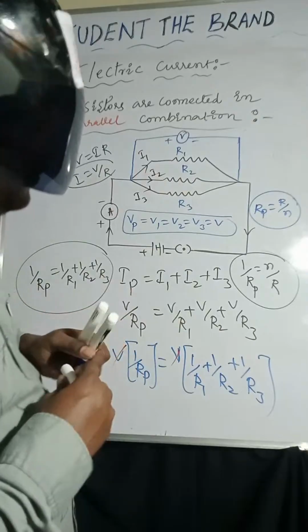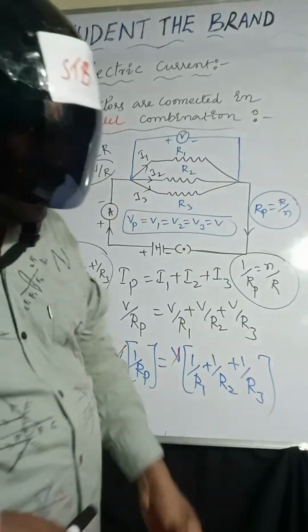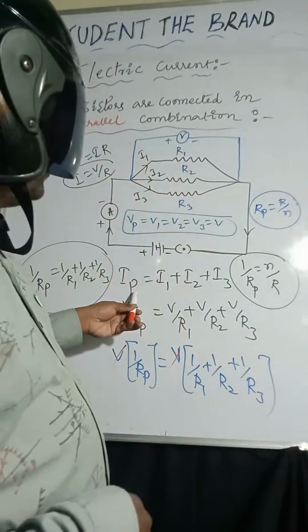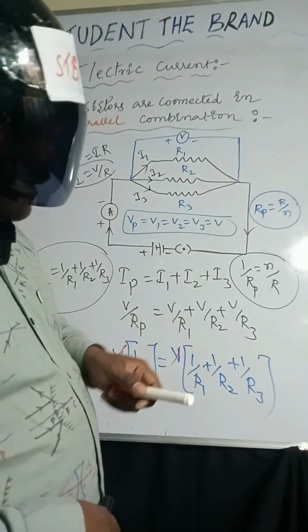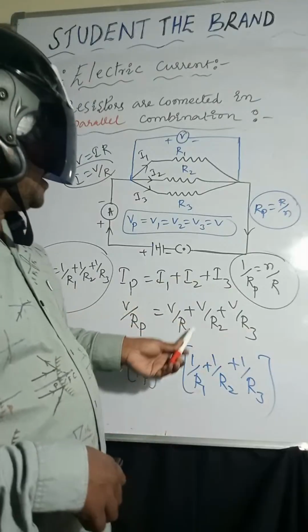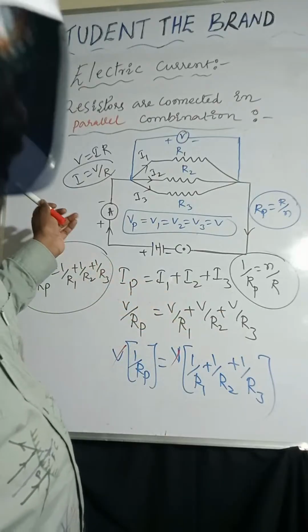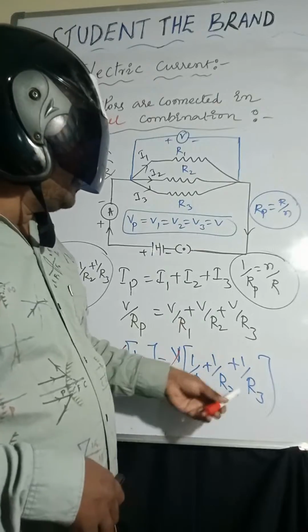If you want to get the total current here, we need to add I1, I2, I3. So that's why Ip equals I1 plus I2 plus I3. So V by Rp equals V by R1 plus V by R2 plus V by R3. V is common, so V I'm taking common, and V will get cancelled. 1 by Rp equals 1 by R1 plus 1 by R2 plus 1 by R3.